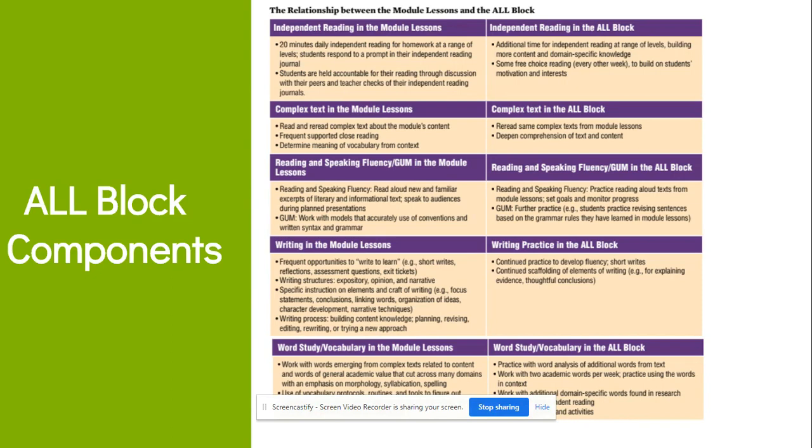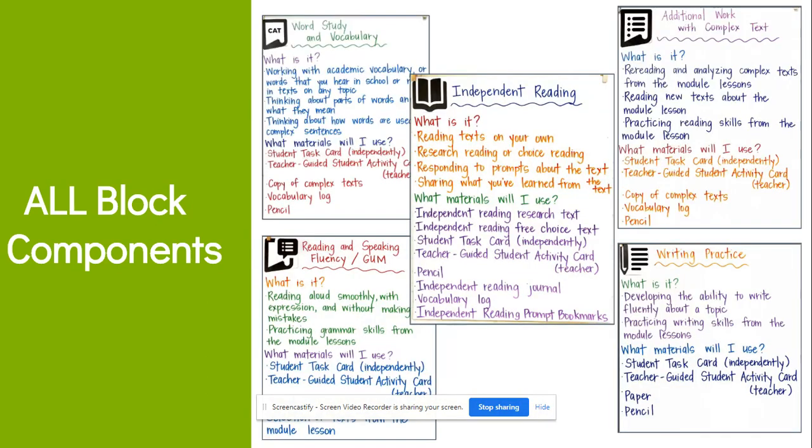There are 5 all block components, and in this slide, you can see the relationship between an all block component and how they fit with a module lesson. In all block, there are 5 components. Each component has an icon.